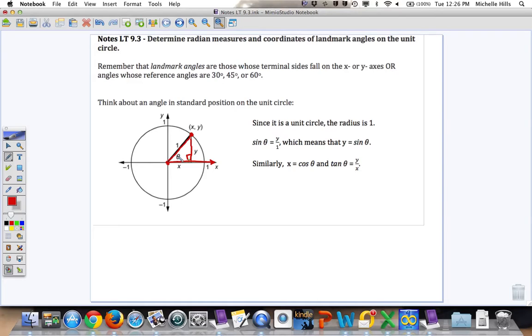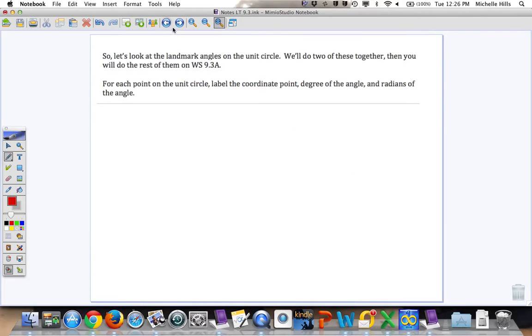So the sine of this angle is just whatever the y value is of this point. The cosine is equal to the adjacent side, which is x, over 1. So cosine is just x, and tangent is opposite y over adjacent x. So tangent is y over x. We're going to need to know that later. That's going to come in handy.